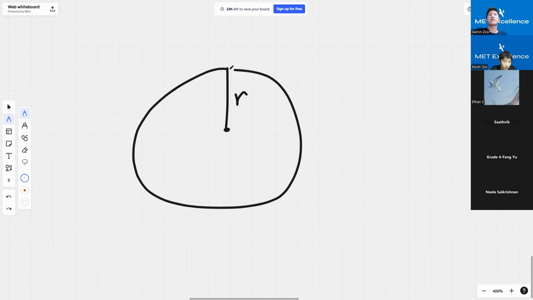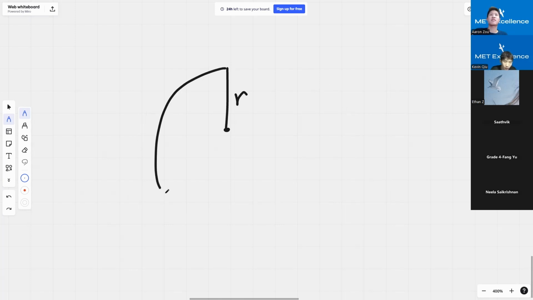Boom, nope, that's not good. All right, boom, I have a circle, which is a little better than before, but it's still pretty bad. But that's a circle, right? Basically, you can spin something around a point, and you draw out the circle. So that's the definition of a circle.